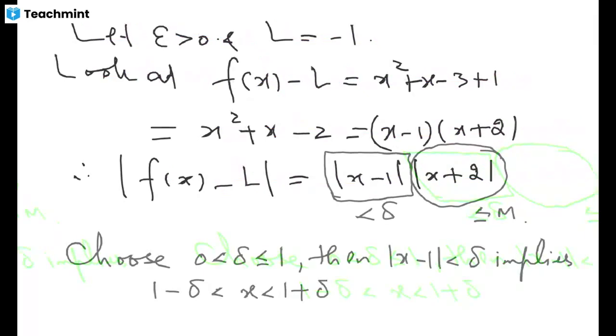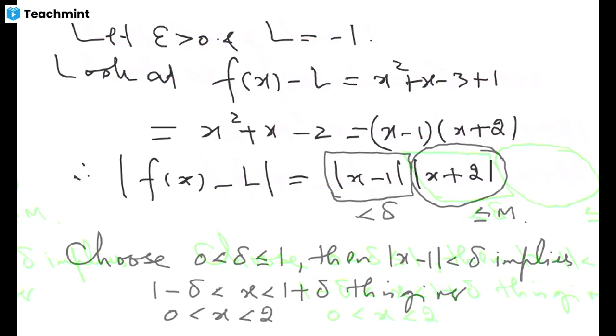But your choice of delta also gives you this, because delta has a maximum value 1 and minimum greater than 0. So x is greater than 0 and less than 2.